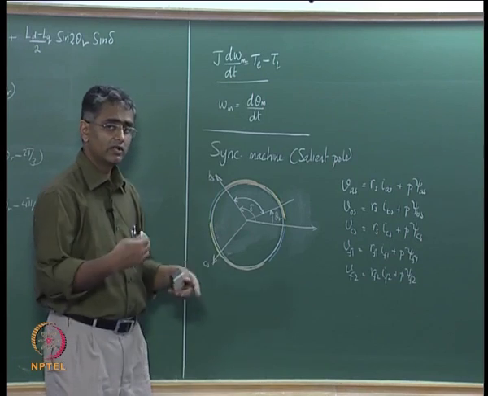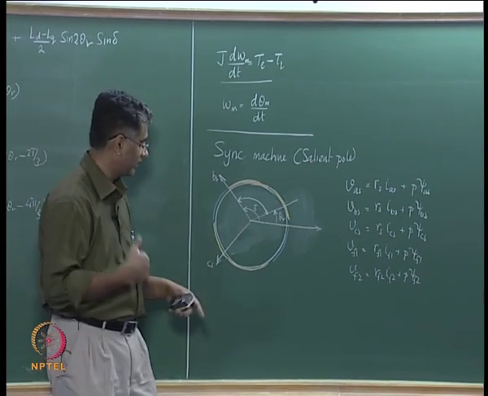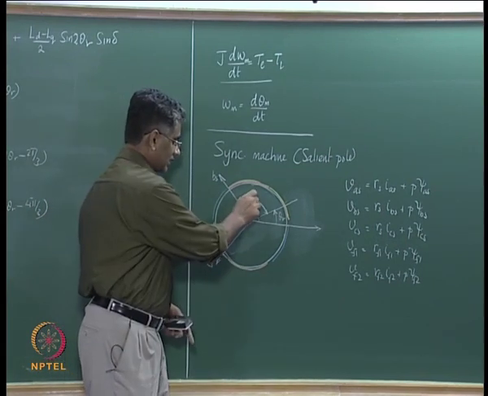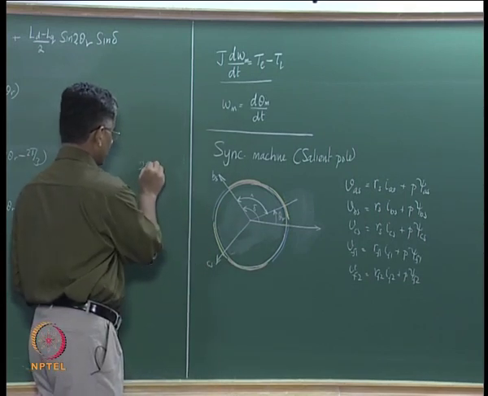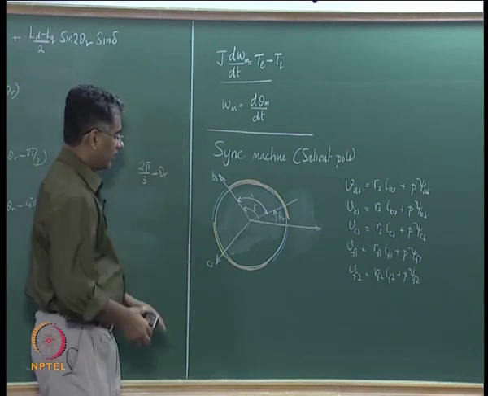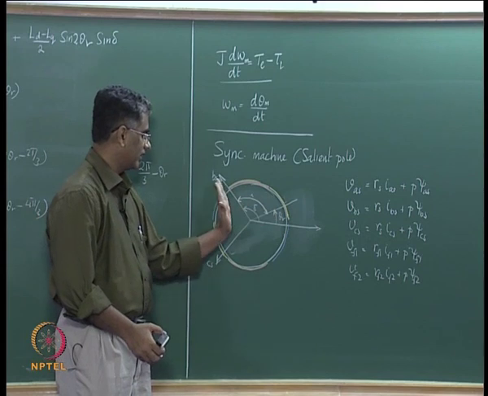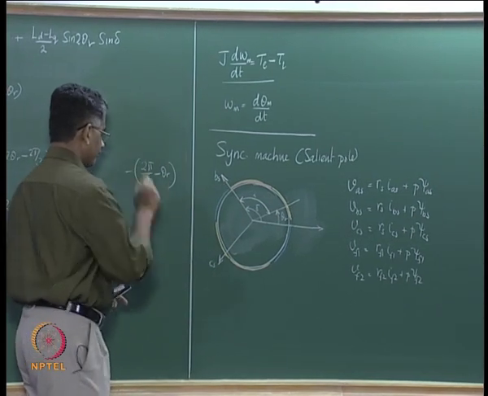The expression for mutual inductance would arise from whatever we have derived if we substitute instead of theta r this angle, and that angle is nothing but 2 pi by 3 minus theta r, but the rotor is now on the other side of the axis, and therefore this is a negative angle.